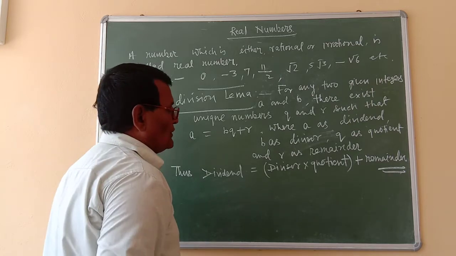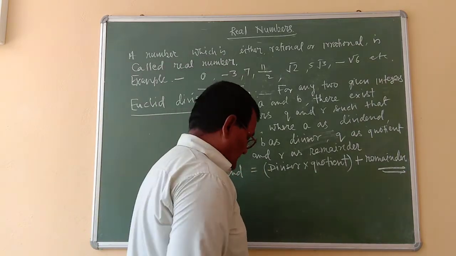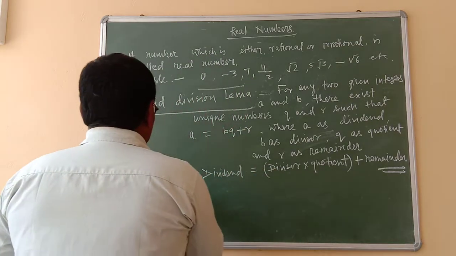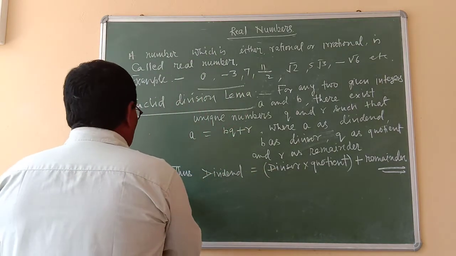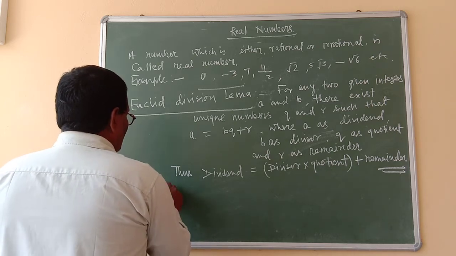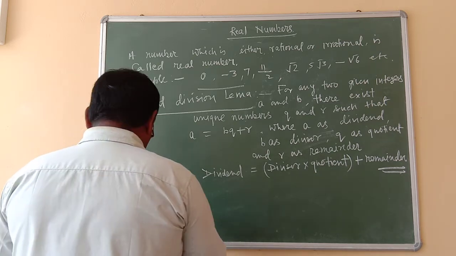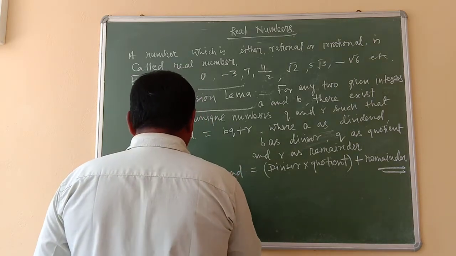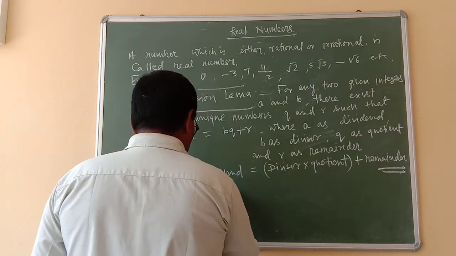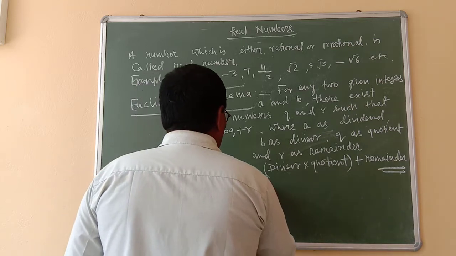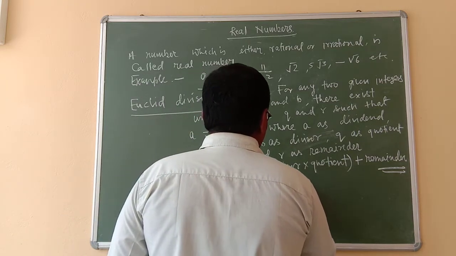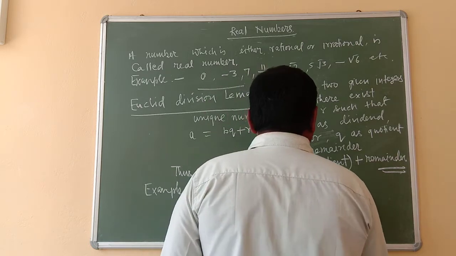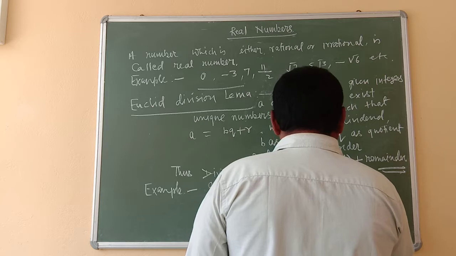Thus, dividend is equal to divisor into quotient plus remainder. Example: suppose we divide 117 by 14.